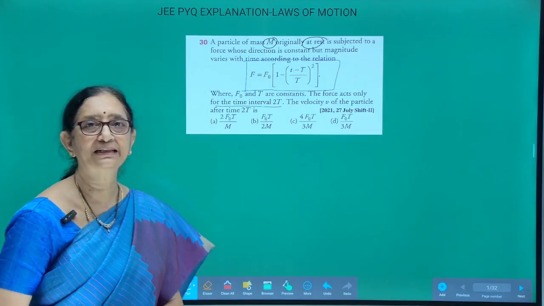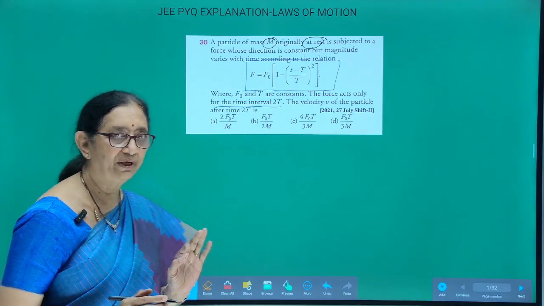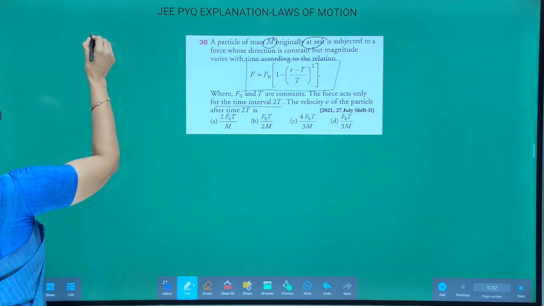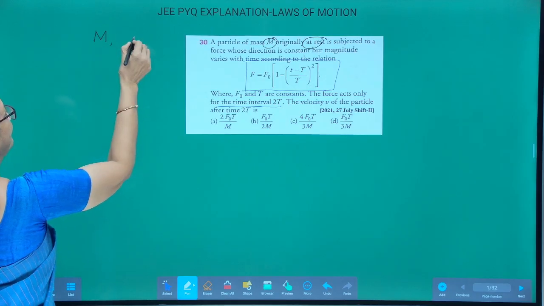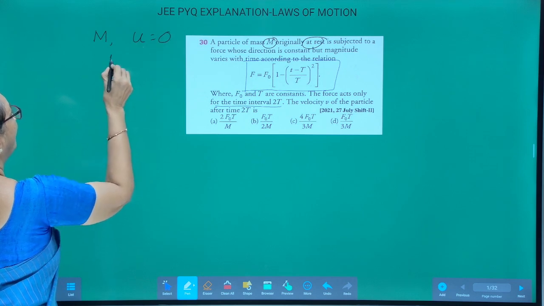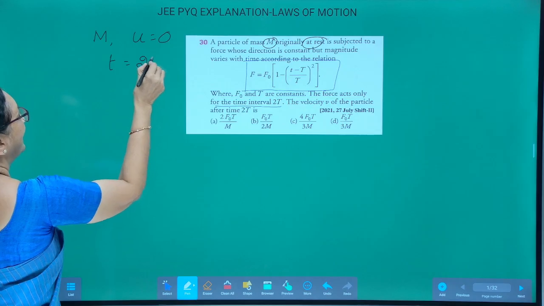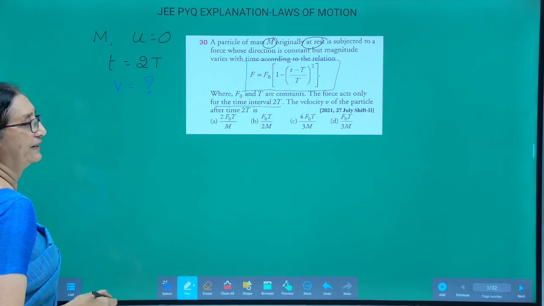The velocity of the particle after time 2T? So, here I am writing the data given. Mass of the particle is given as m, its initial velocity is 0, a force acts on it for time 2T, what is the final velocity?